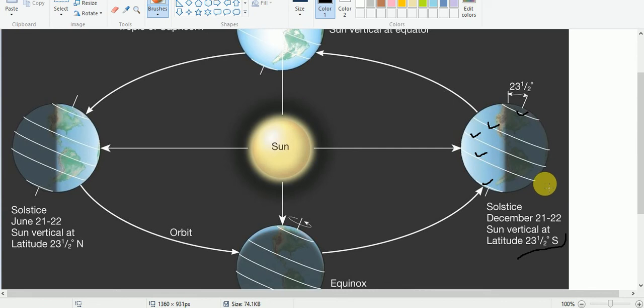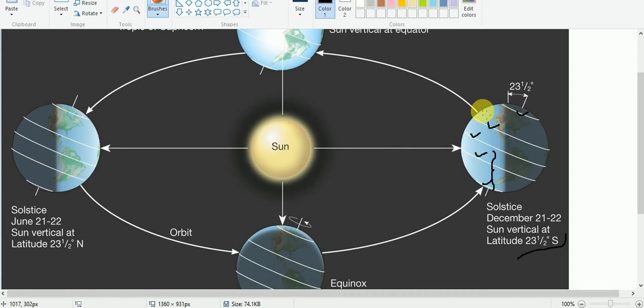On this day, you will get the longest daytime and the shortest night time, and so during this period the southern hemisphere will have the summer season. On the other hand, we are in the northern hemisphere, and that is why on December 21 or 22, we will get the longest night time and the shortest daytime.